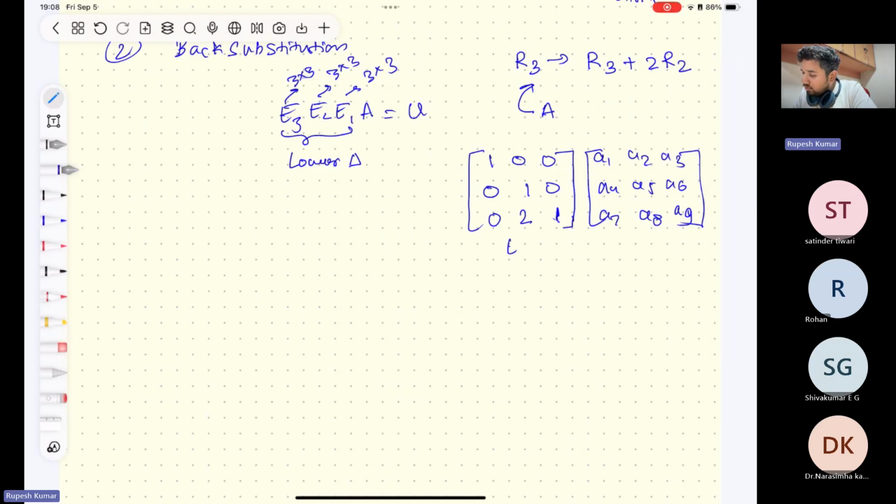When you do this matrix product, E1 times A, you will see that this is essentially performing this row transformation. Can you see this from here? If you understand this, then it's done. You don't need to think of anything else. No one has any doubts in this? Can we proceed?